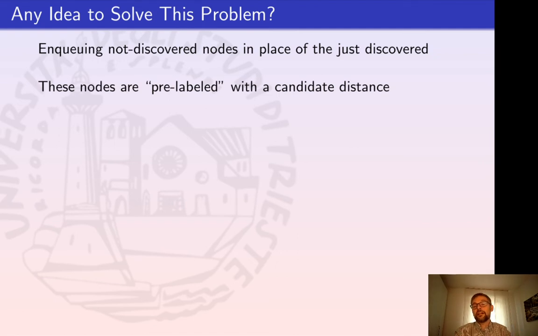The idea is to avoid enqueuing discovered nodes, and to enqueue exclusively not-yet-discovered nodes, and to pre-label all these nodes with a candidate distance. We already did this in some sense by setting all the distances to infinity. So at the very beginning of the computation, the candidate distance of all the nodes from the source will be infinity.